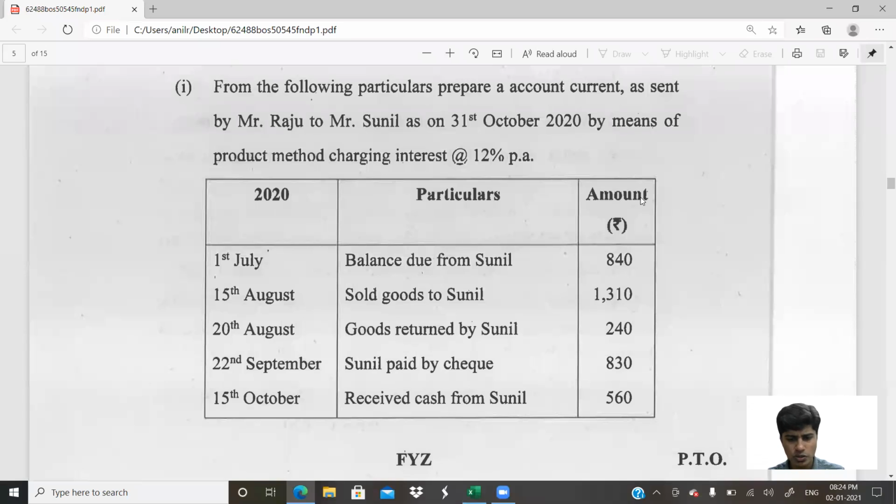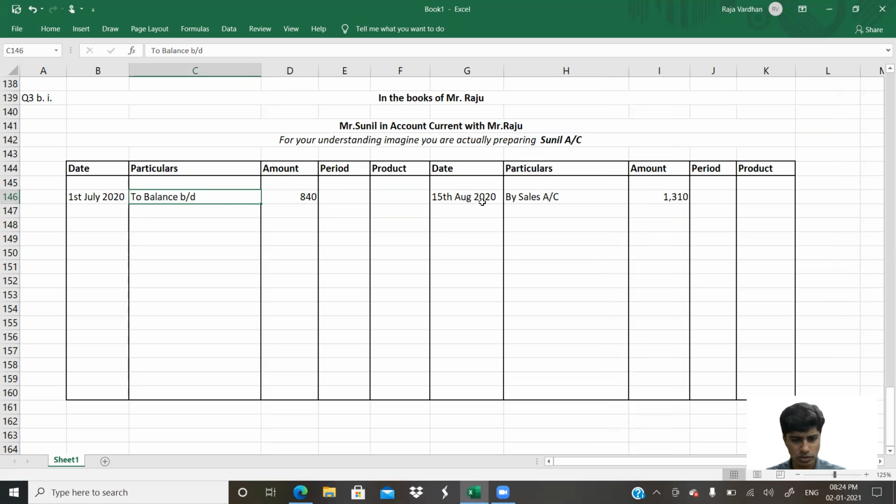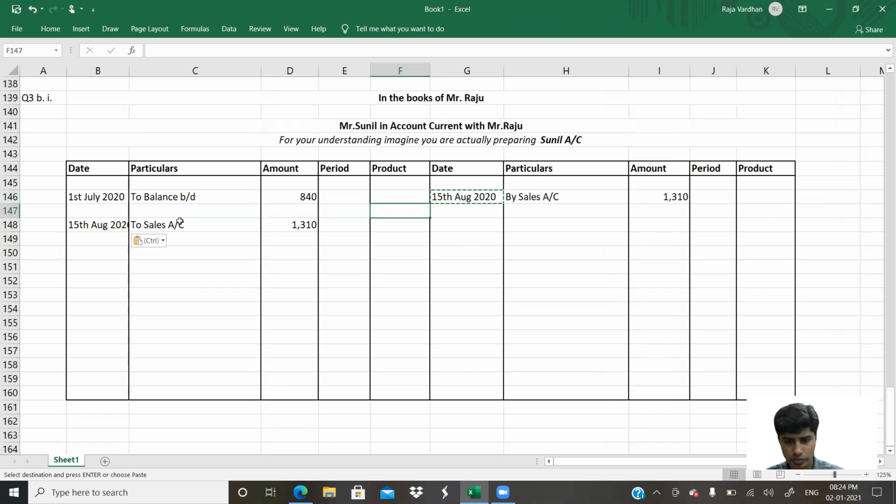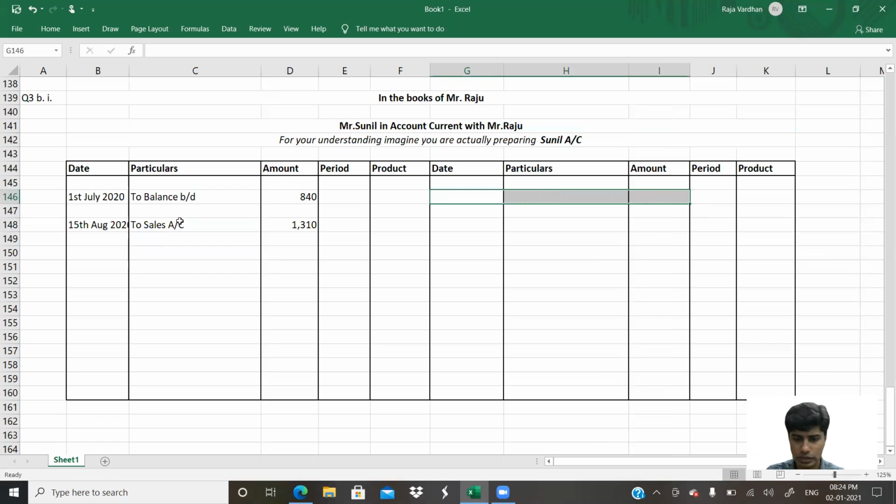Money balance due from Sunil. Sorry. Sunil account debit to sales account, 1310. Sorry. The journal entry Sunil account debit to sales. I told it correctly. I typed it wrong.